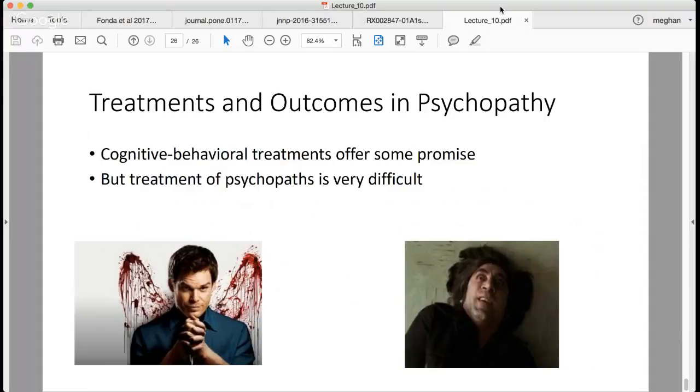Treatment of psychopathy is really hard because psychopaths experience little personal distress and don't believe that they need treatment, which is one reason why this isn't really a personality disorder per se, because it doesn't cause them distress.